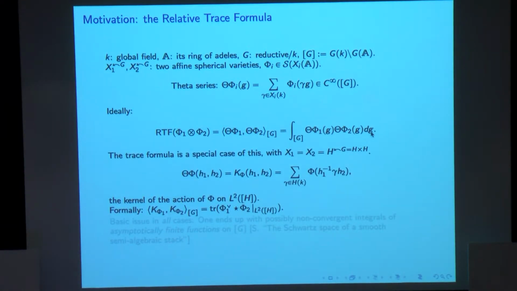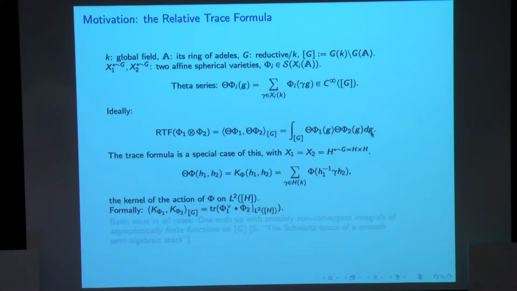The trace formula is actually a special case of this when you take the two varieties to be the group H, and you take G to be H cross H. Then the theta series that I wrote upstairs is just the kernel function, defined this way. And then what we are computing is the inner product of two kernel functions.